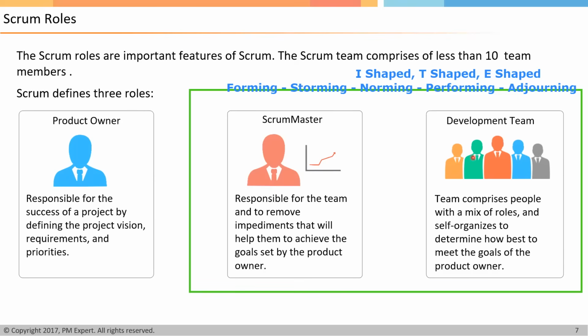The role of the Scrum Master is to mentor the team and coach the team in the area of the Scrum framework, because the Scrum Master is a Scrum process expert. He knows the nitty-gritties of the Scrum framework. His role is to remove any kind of blocker that comes on the way of the development team. His role is to facilitate for the development team, right?